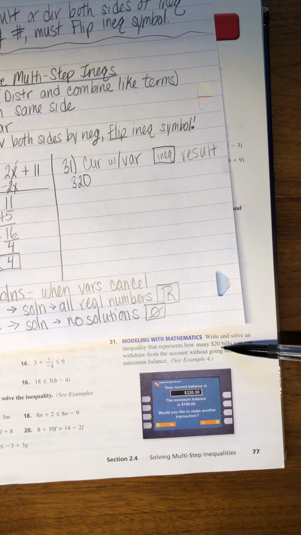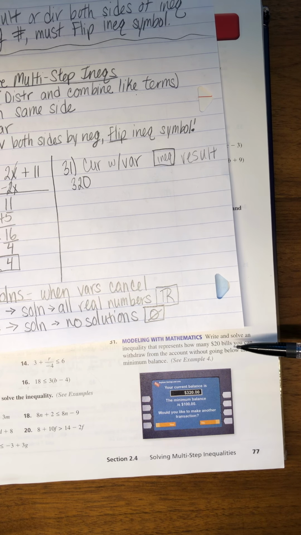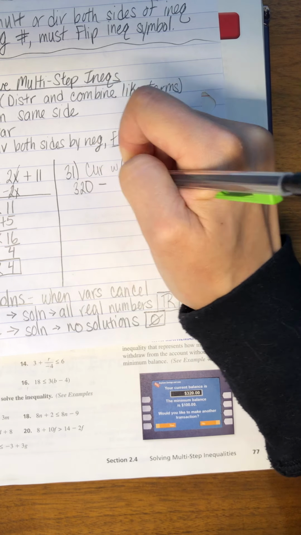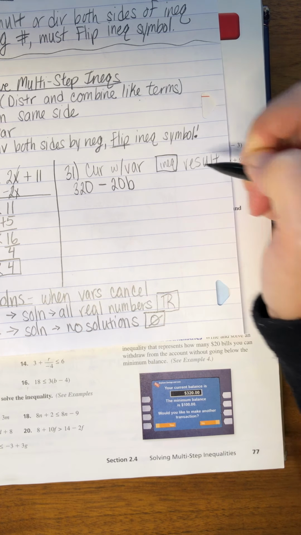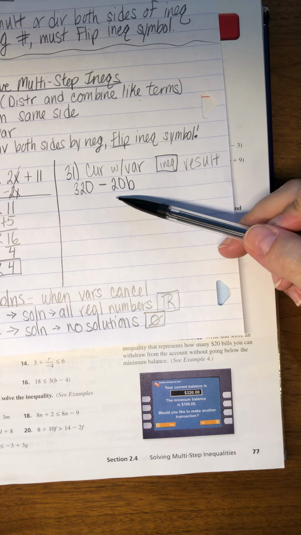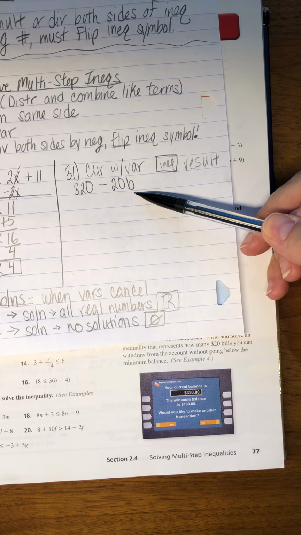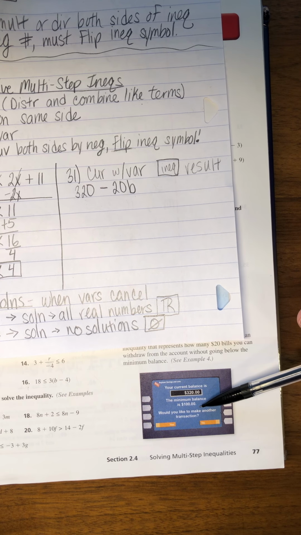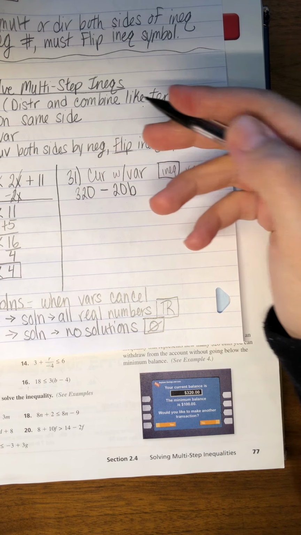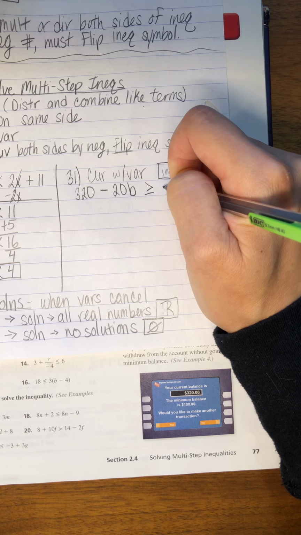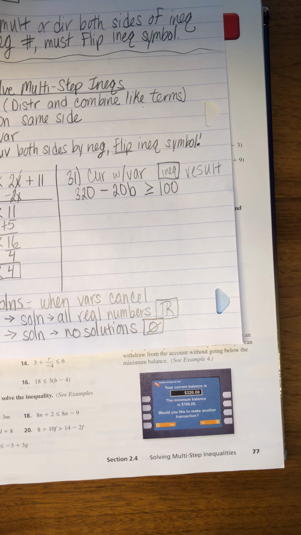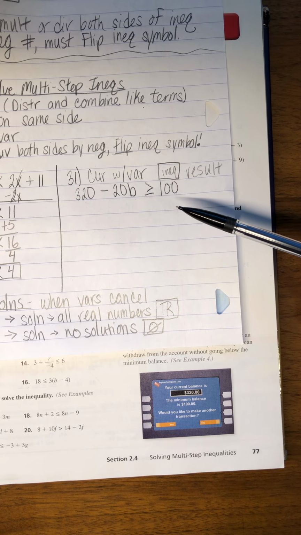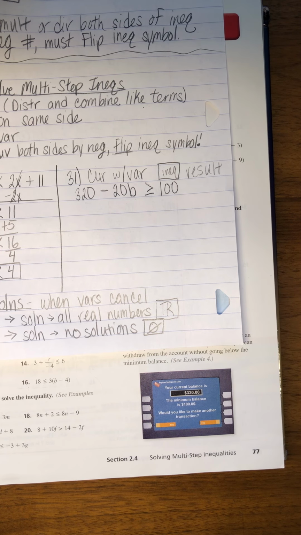We don't know how many $20 bills we're going to take out, but we know it's $20 per bill. Since we're withdrawing, we're going to subtract 20b. So we're subtracting $20 per bill. We know that the minimum balance is $100. So the money I have in my account has to stay greater than or equal to $100. So that would be our inequality we would write, and now we can solve for b.